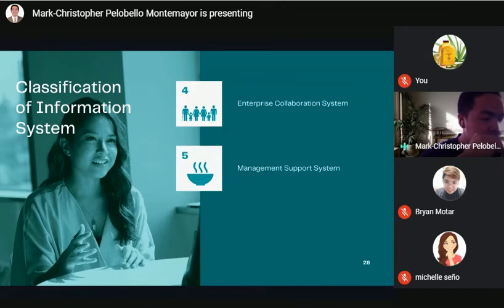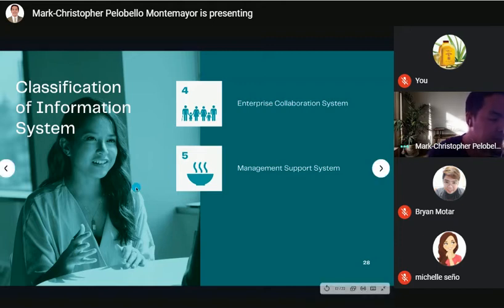Management support systems are essentially categorized as management information system, decision support system, expert system, and accounting information system. Management information system provides information to managers, facilitating the routine decision-making process. Decision support system provides information to managers, facilitating specific issue-related solutions.